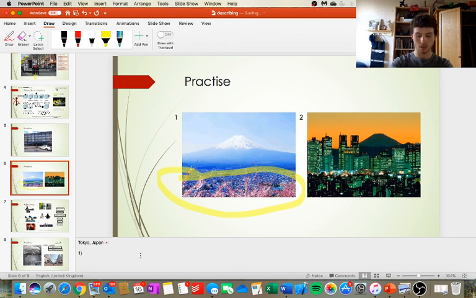So there is snow. Don't need a snow. Snow, not in. So there is snow on top of the mountain.